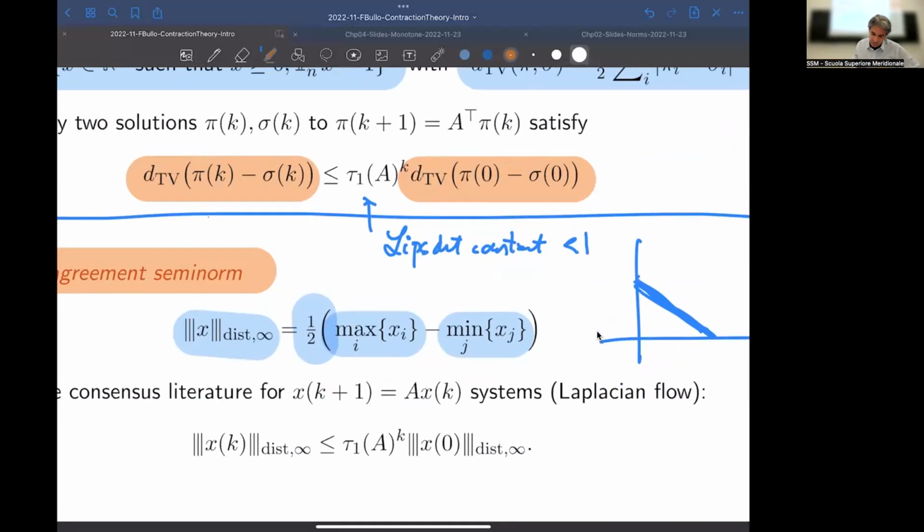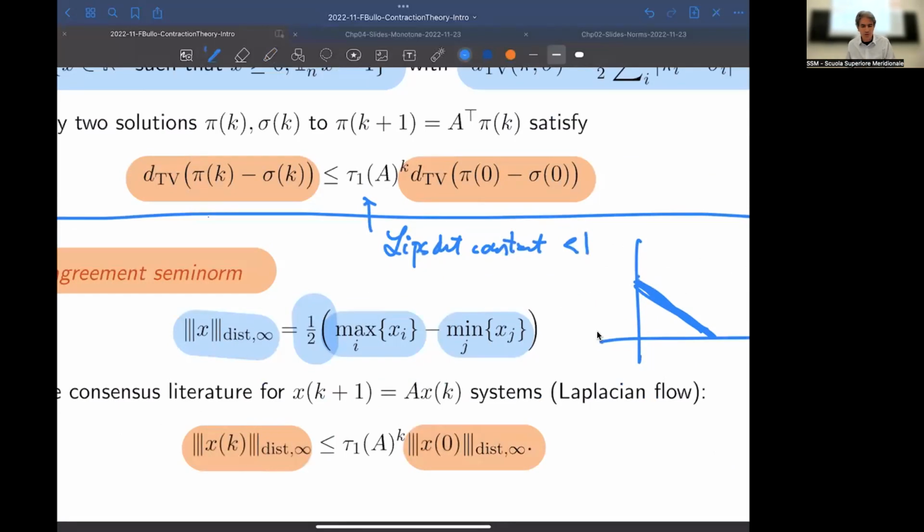What they showed is that tau 1, the same ergodic coefficient that Markov used, gives you a rate of decrease for that discrete time system. And so it looks like it's an induced norm of A. But then I thought it was an induced norm of A transpose.